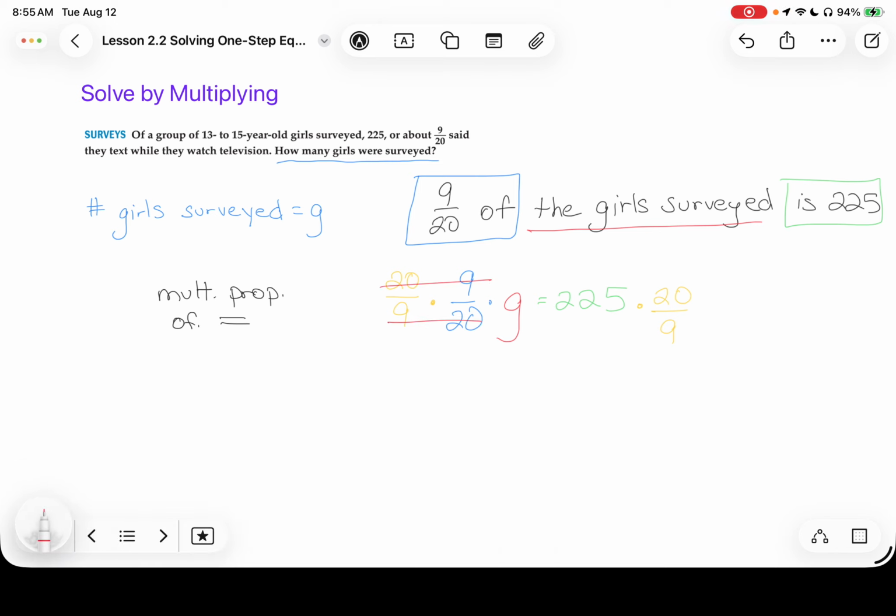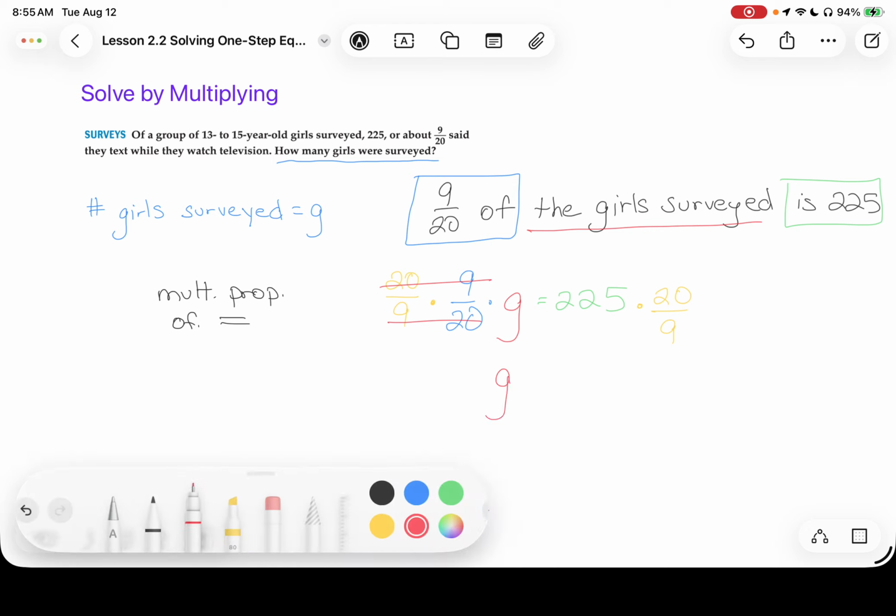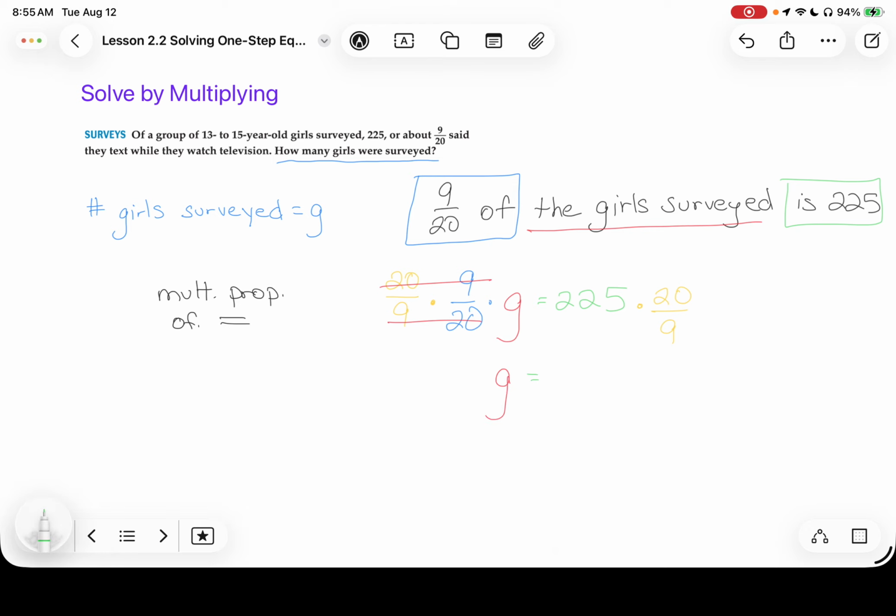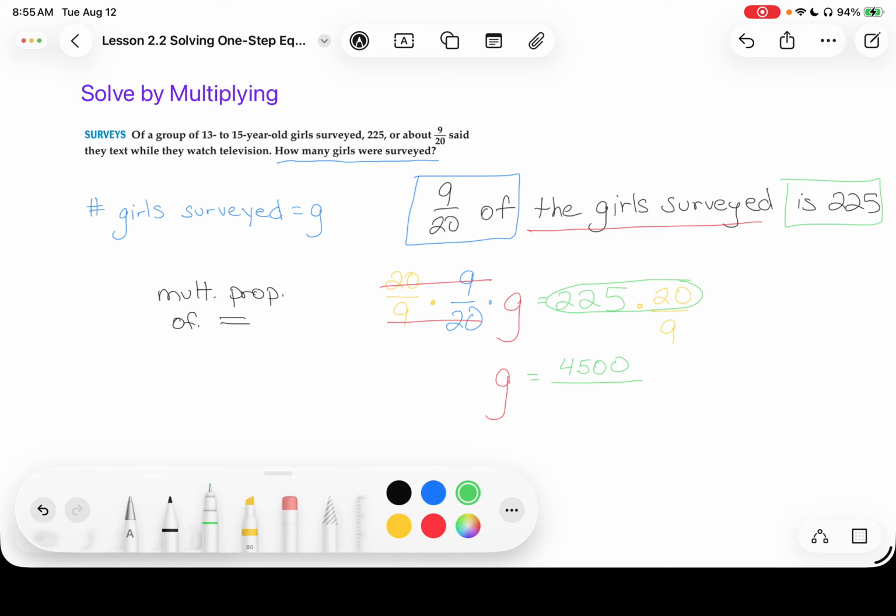Okay, so this works out pretty well over on the left side because 20 over 9 times 9 over 20 is 1, which leaves me with just G. Over on the other side, it's going to be a pretty huge number in the numerator because 20 multiplied by 225 is 4,500. And then on the bottom, I've got 9.